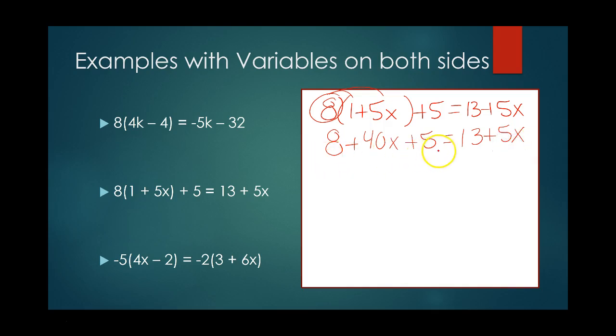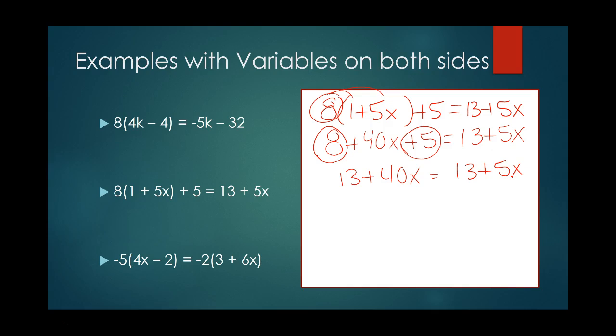Now I'm still focusing on this left side because it's not quite simplified. I can combine this 8 plus 5. So 8 plus 5 gives me 13 plus 40x equals 13 plus 5x.